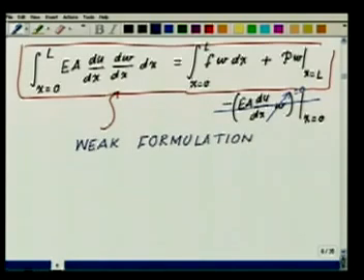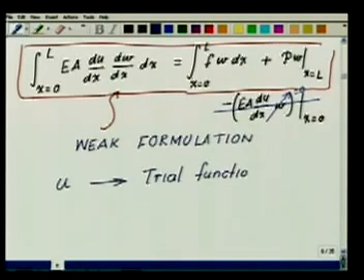Now let us again introduce some more finite element parlance. U in general, in the finite element connotation, is called the trial function. And W is called the test function.